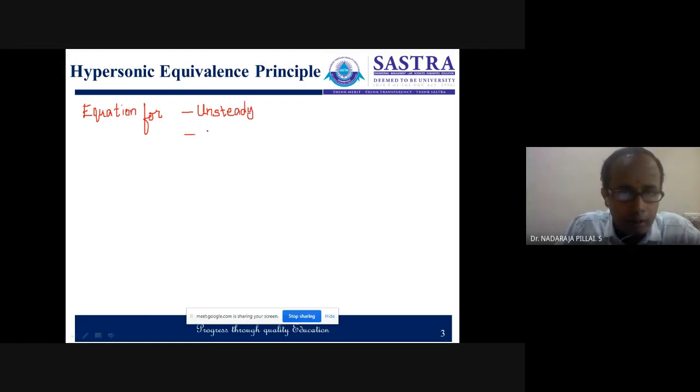Then I consider it for two dimensions. Two dimensional. So I consider this two dimensional in the YZ plane, right? So now we can write the basic equations: the continuity equation, x momentum, y momentum, z momentum, and the energy equation.